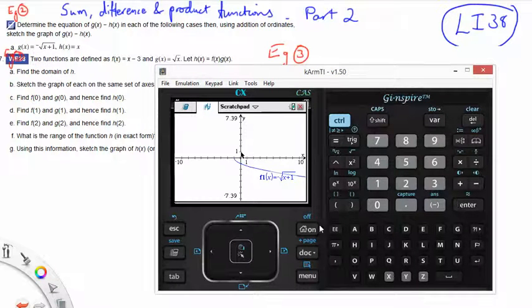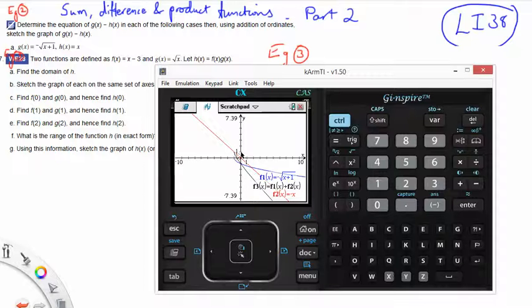And we want to sketch negative x. Remember, we reflected it in the x-axis. And now we want to do addition of ordinates. So we go tab. Now we want to add f1 of x plus f2 of x. There we are, and that's what we got.